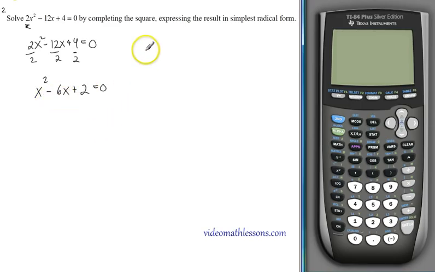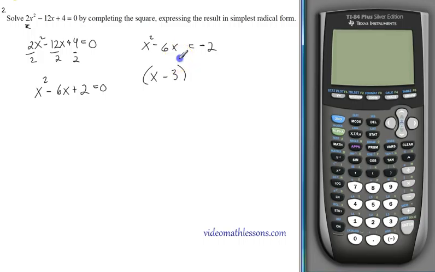All right, ready? So we're going to move over the regular number. So x squared minus 6x, and we move over the constant, which will be a negative 2 when I move it over. I'm going to take half the middle number, so it's x minus 3.